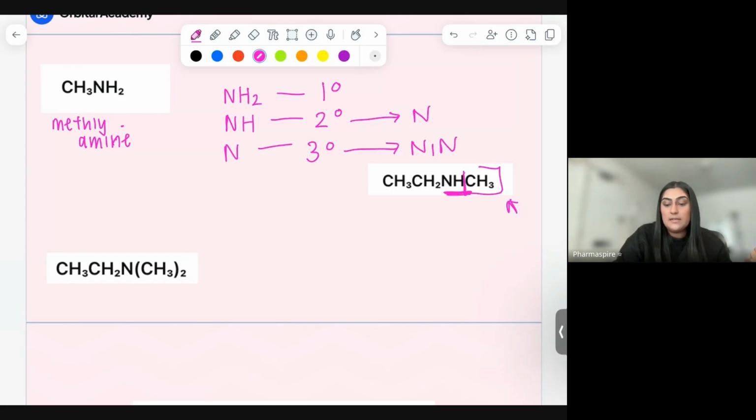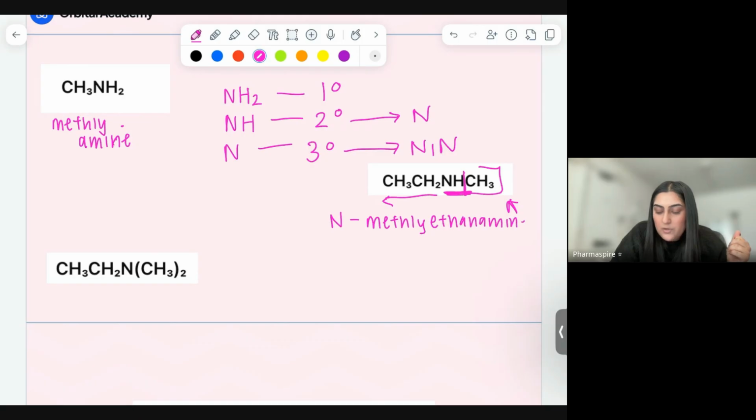Because we know it's secondary, I'm going to get my N out the way, and then get the smallest thing that it's attached to, which is a methyl group. Then on the other side, can anyone finish what the name would be? It's N-methyl what? Just put it in the chat. Okay, we're getting ethyl, yeah, so N-methylethanamine.